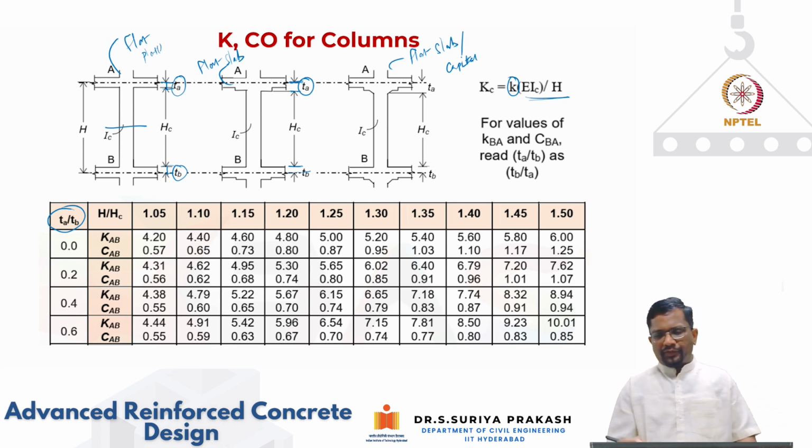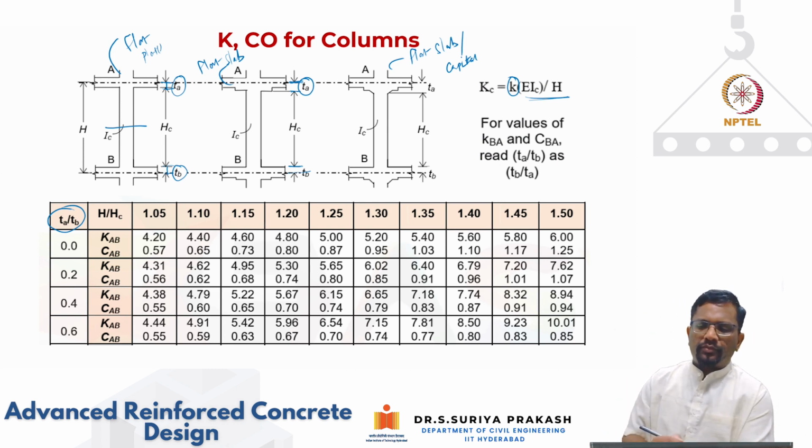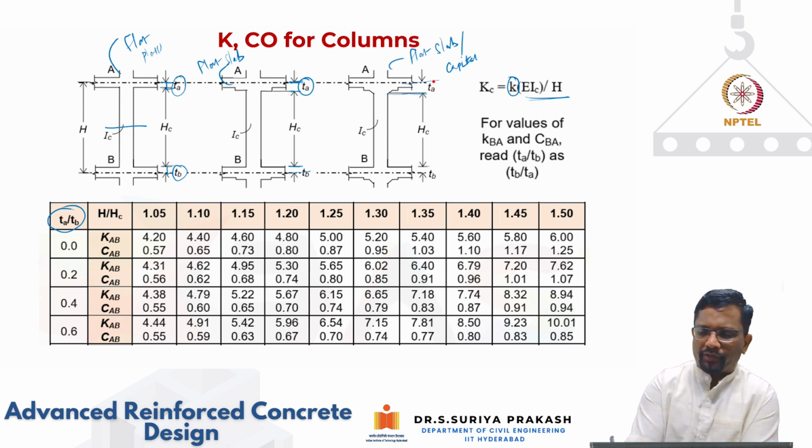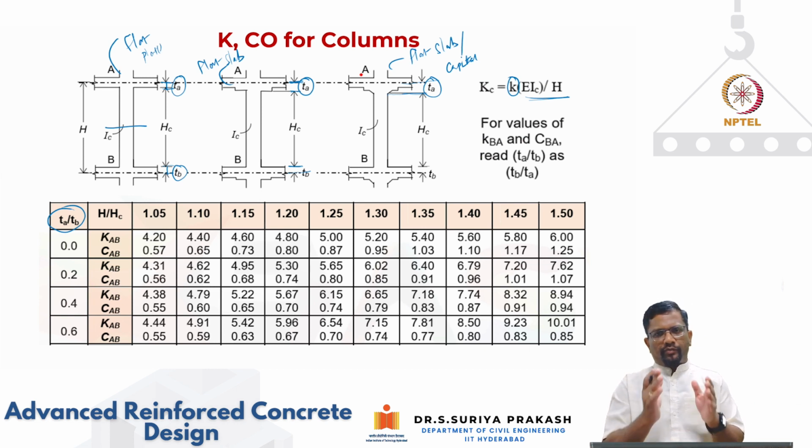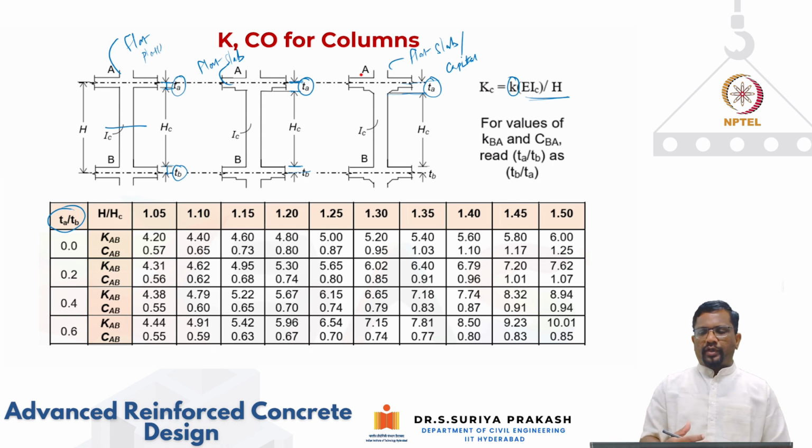Similarly, if you see here, what is TA for a flat slab with capital? I come from the center line and I go all the way to the edge of the column capital. So TA is going to be higher than what you have for a flat slab with only a drop, right? Like that, for different boundary conditions, people have already done the analysis using the column analogy method.